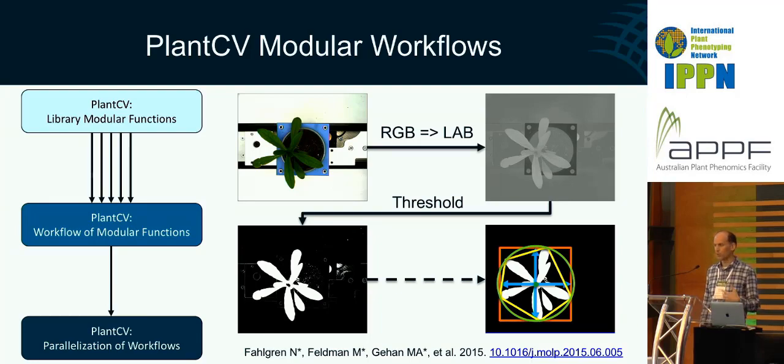Once you have one of those workflows, we have some tools to let you analyze your data set in parallel. The nice thing about this is it's flexible, so different kinds of imaging setups or different kinds of cameras will have their own quirks, and you can design your own workflow to work around your particular problems.